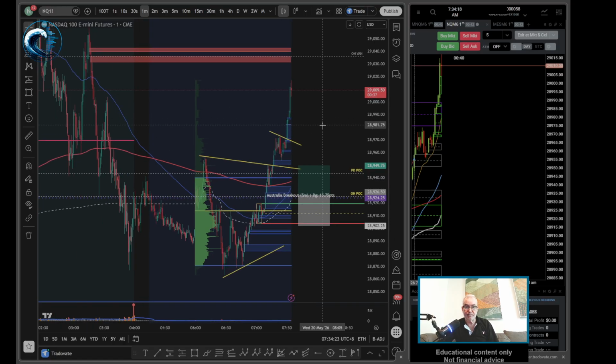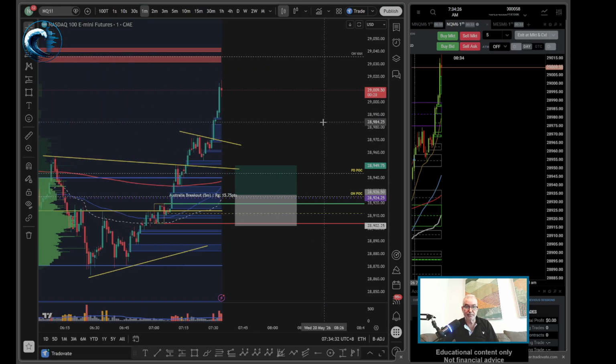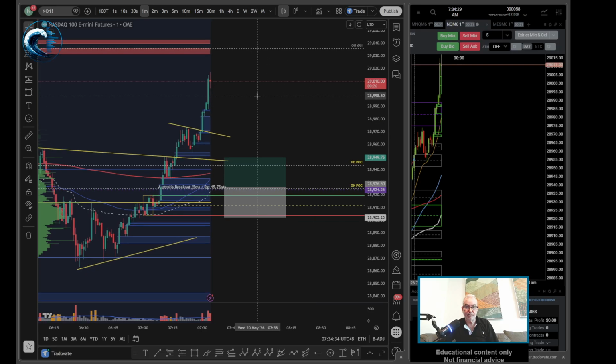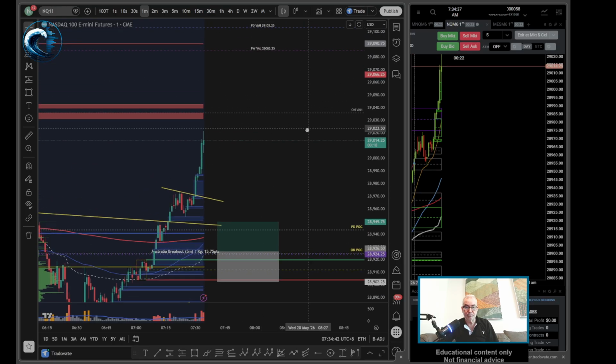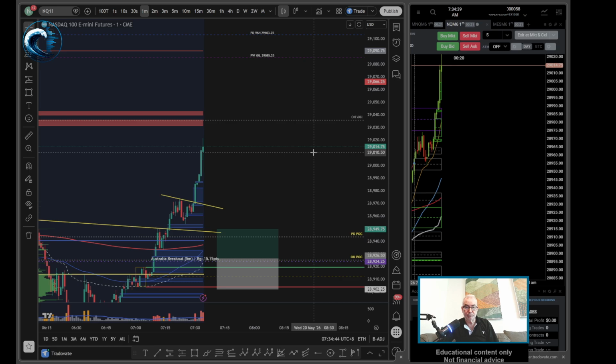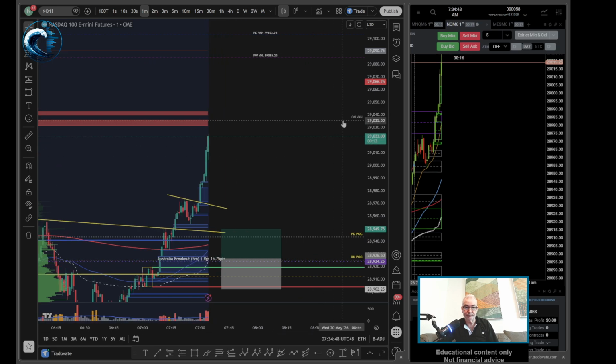Alright, so that's probably looking at coming down this area, maybe continuing up. But it's pretty obvious we are full on bullish. Now the question is, do we get a bounce off here?